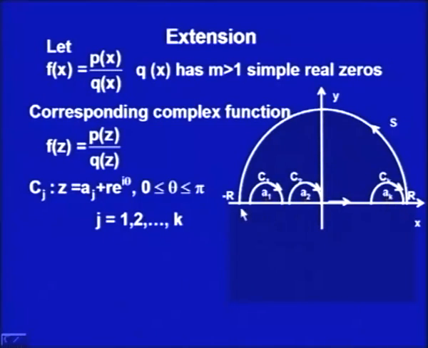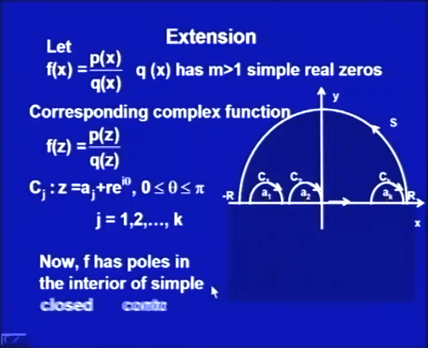So, now this is our closed contour and the poles are only interior to this closed contour, and there is no pole on the contour. So, f has poles in the interior of a simple closed contour.